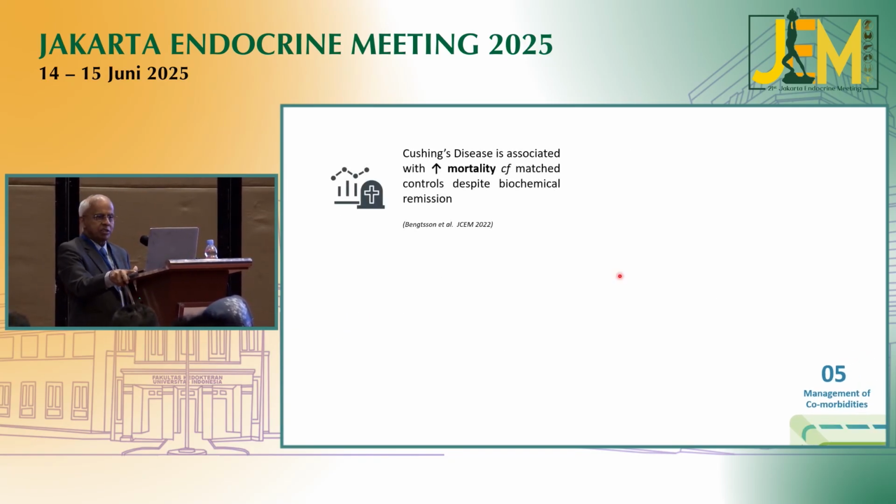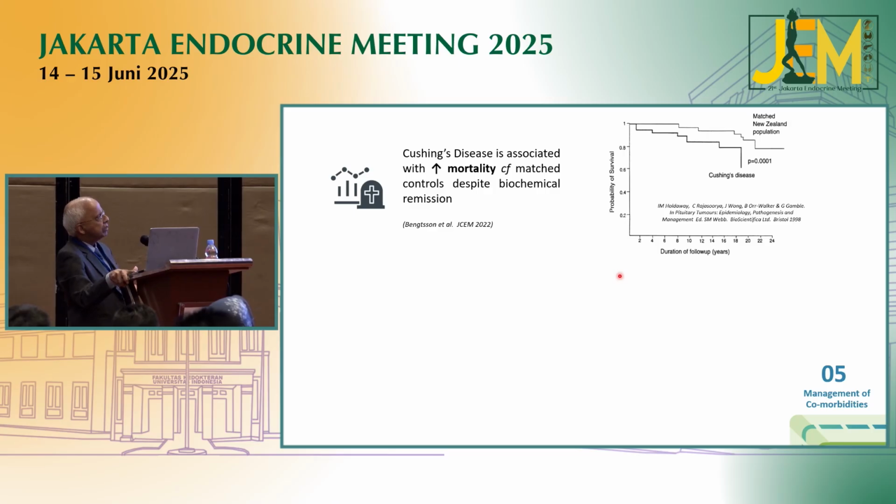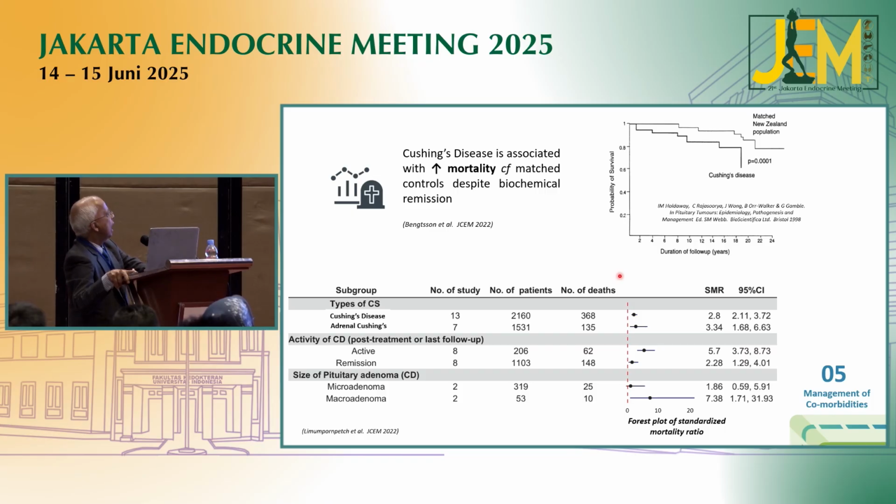Cushing's disease is associated with increased mortality. We showed it in the New Zealand population many years ago. And this is a more recent publication. Look at the mortality ratio. If it's active Cushing's, greater mortality compared to those in remission.